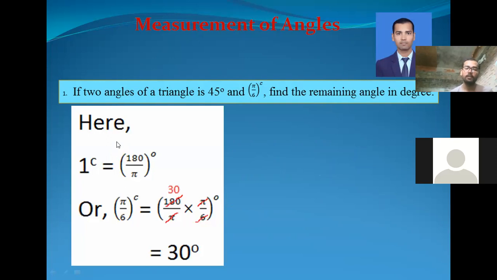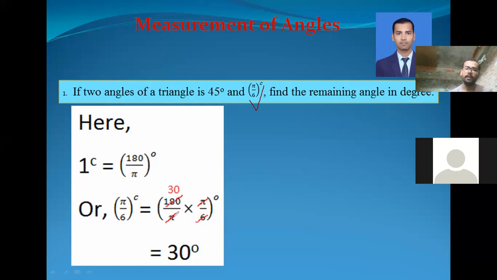You can see on your screen that 1 radian is equal to 180 by pi degree. While converting pi by 6 radian into degree, pi by 6 radian is equal to 180 by pi into pi by 6 degree.